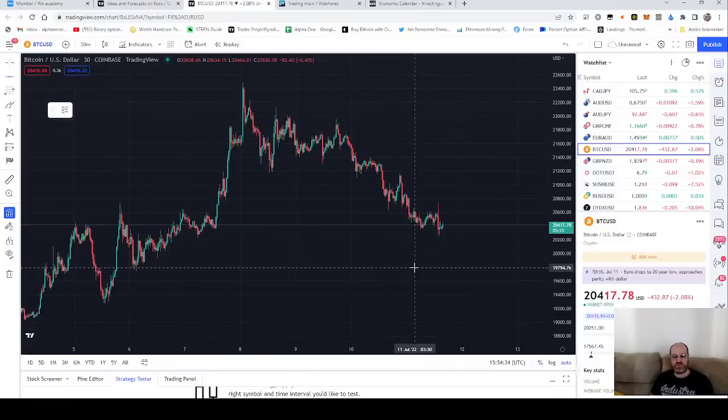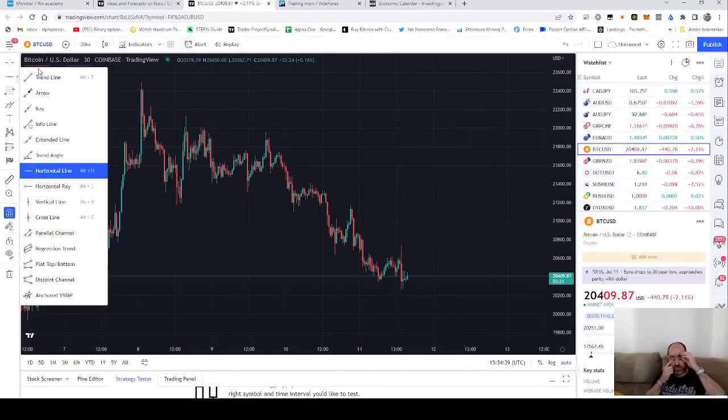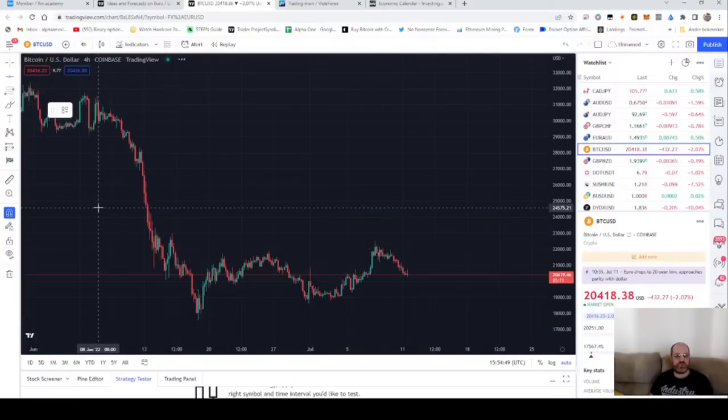But of course you can see that we are currently in a downtrend with the Bitcoin. This is on 30 minutes. Sorry, I was not supposed to look so low. Okay, we are still in a downtrend currently. So let's make the trend here.